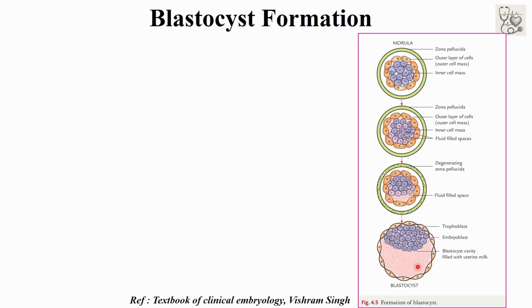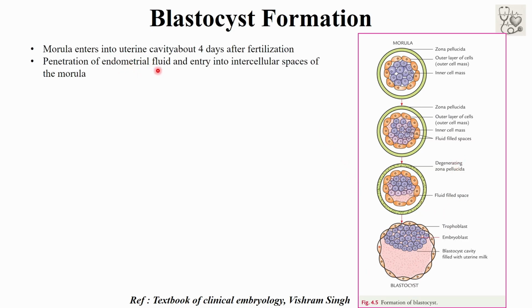Now, talking about blastocyst formation, the morula enters the uterine cavity about 4 days after fertilization. The endometrial fluid penetrates the morula and enters the intercellular spaces of the morula.